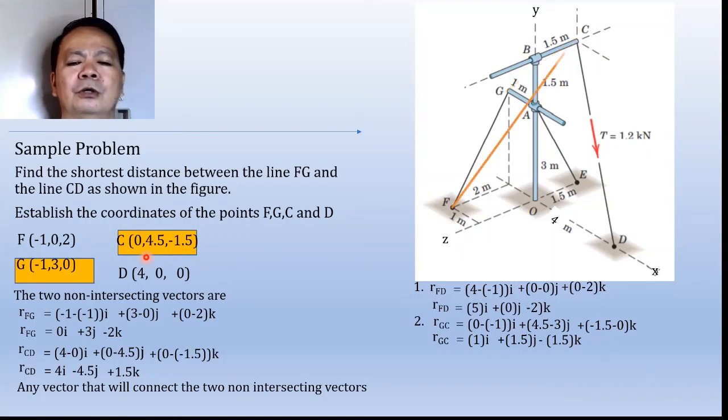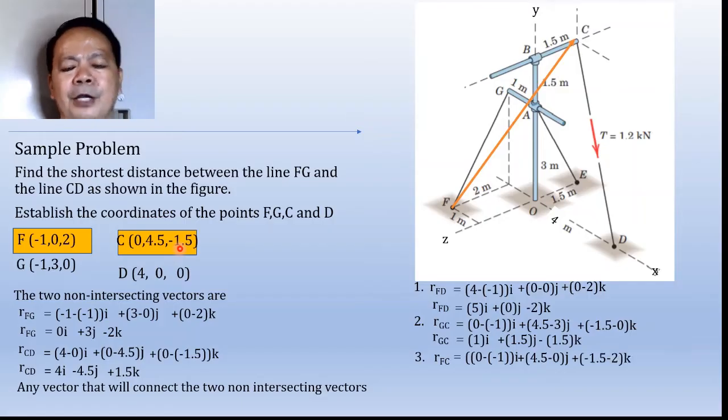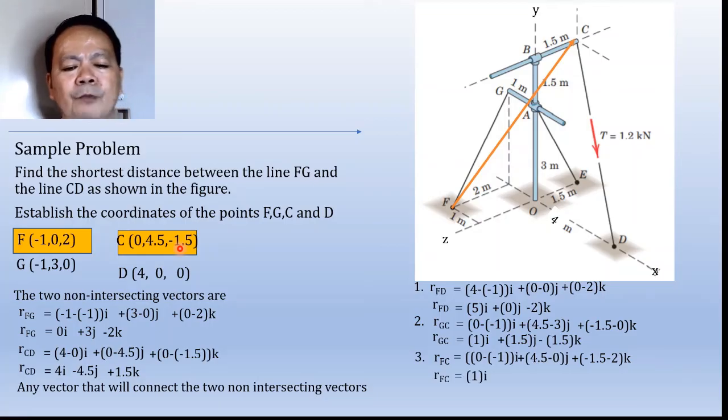And we can also use this vector whose coordinates are as shown in the figure, so that when we solve for the position vector of that vector, we shall have 0 minus -1 i, plus 4.5 minus 0 j, plus -1.5 minus 2 k. And so when we simplify, that becomes RFC equal to 1i plus 4.5j minus 3.5k.